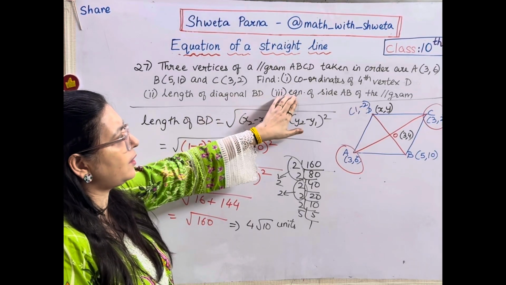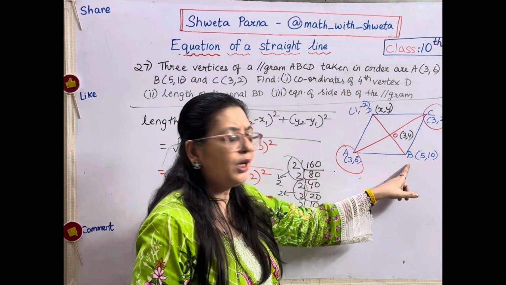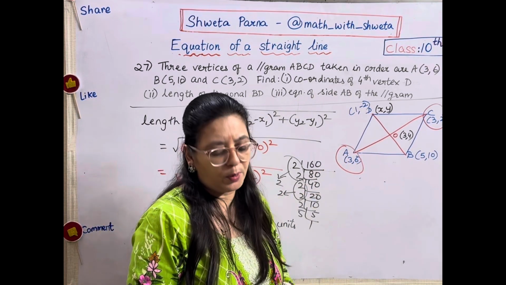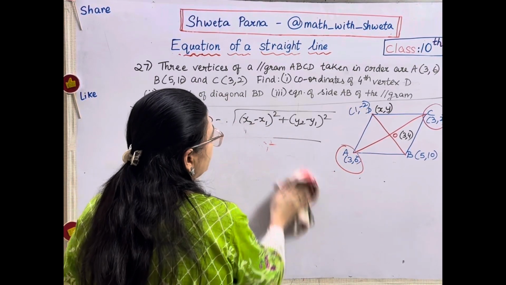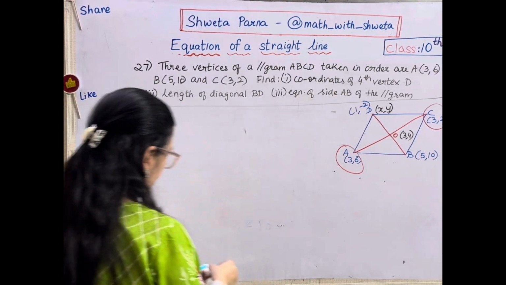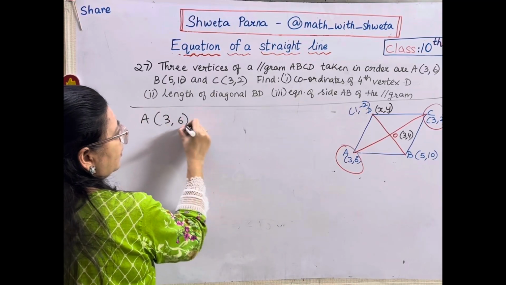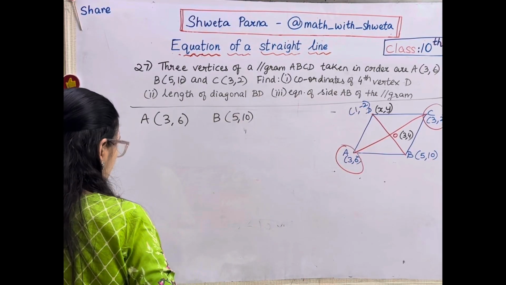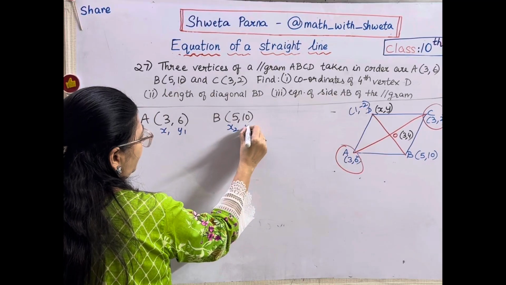Now the third part is you have to find the equation of side AB. Two points are given to you, so you can use the two-point form. Let's do that. A is given as 3, 6 and B is given as 5, 10. This is x1, y1, x2, y2.